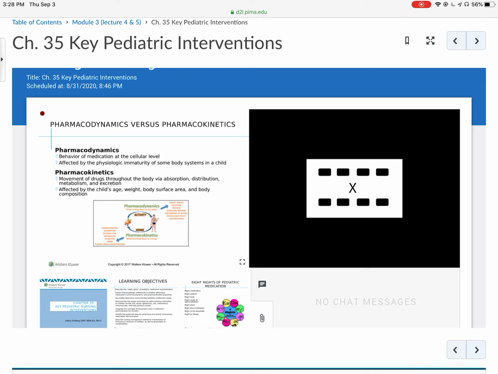We also talk a little bit about some of the interactions. If some medications need to be taken on an empty stomach, an infant's stomach is most often full because they eat so often. If it needs to be taken on a full stomach, so timing those things.